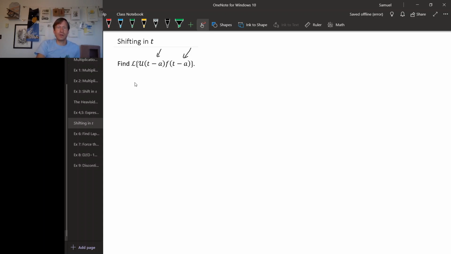Okay, so as usual, when you don't have a Laplace transform rule yet, you have to do this by hand using the definition. So we'll calculate the integral from 0 to infinity of e to the minus st times u of t minus a times f of t minus a dt.